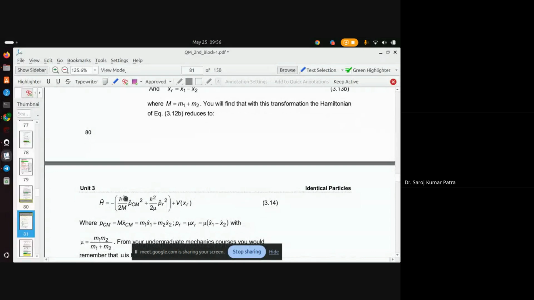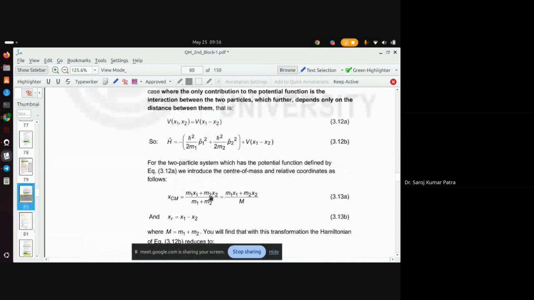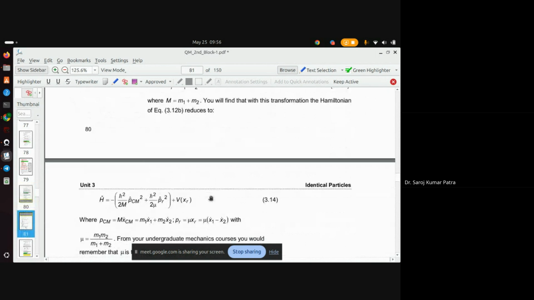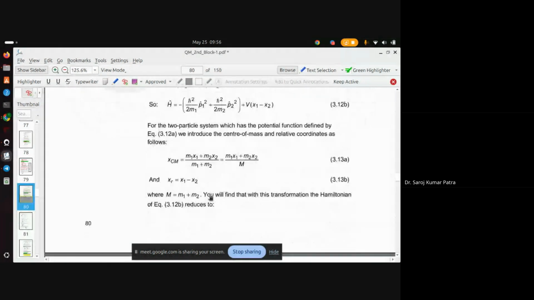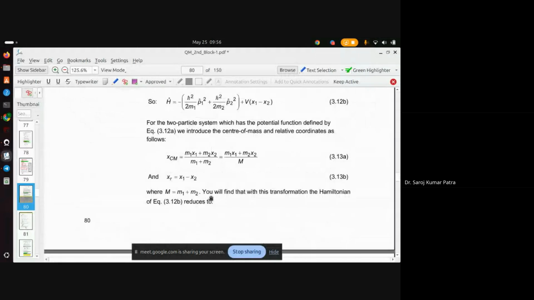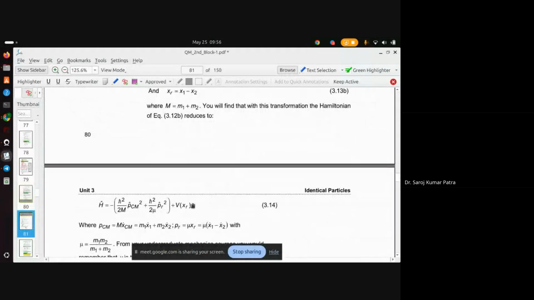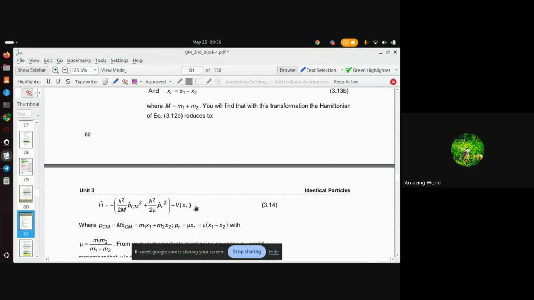It will become h cross square by 2M Pcm square plus h cross square by 2 mu Pr square plus V(xr). Try to look at equation 3.12b and 3.14. Do you find any similarity? x1 minus x2 becomes xr, right? So the potential part is fine, isn't it? It's pretty much the same, sir.